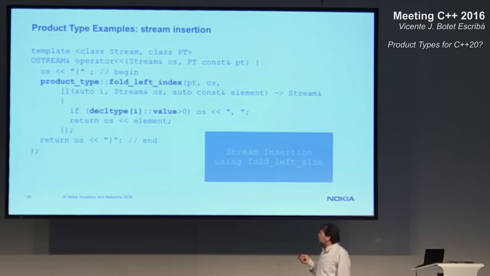If we have a fold-left-index function that allows us to accumulate things using the index, then we can define this stream insertion of a product type just by accumulating on the output stream.